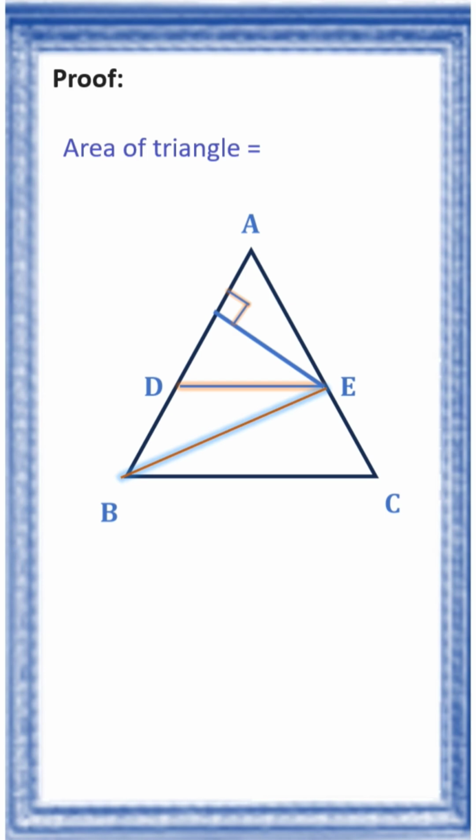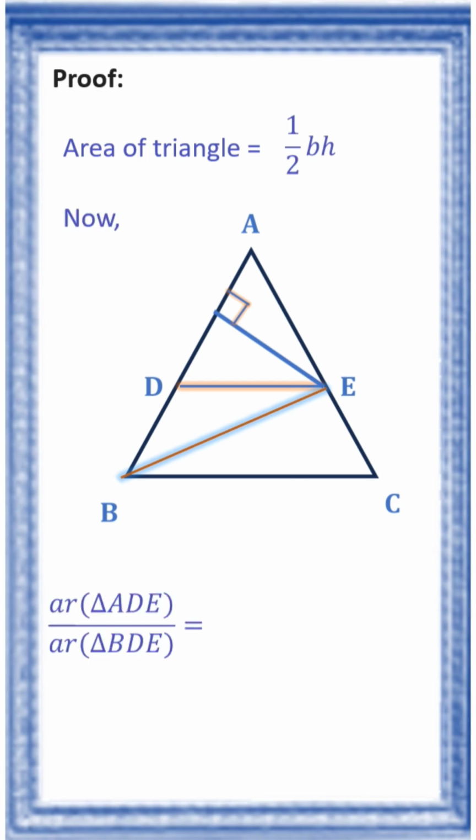Now we have to take the areas of the triangles and the ratios of the areas of the triangles. You know that the area of a triangle is half into base into height. In the two triangles ADE and BDE, let us take the ratio. Ratio of area of triangle ADE upon area of triangle BDE.